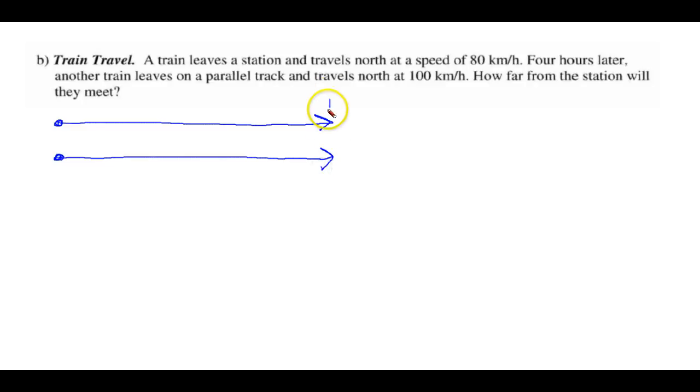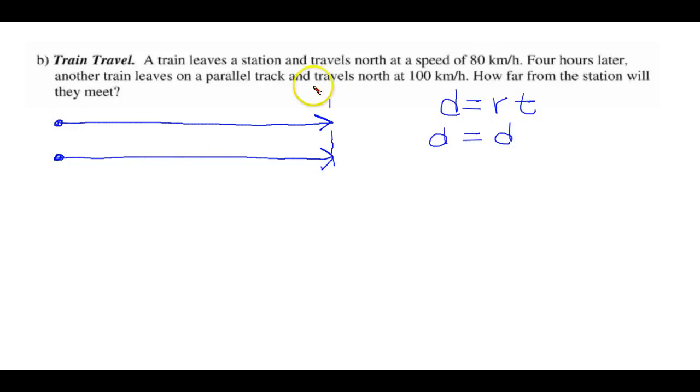We want to know how far they travel when they catch up. And again, so our distances are the same. So we're going to use distance equals rate times time. And we're going to use the concept of distance equals distance.